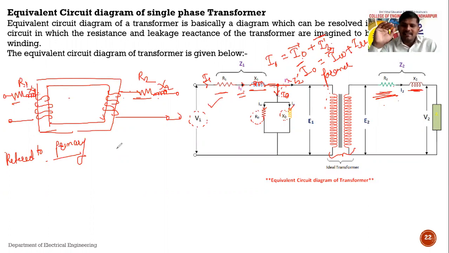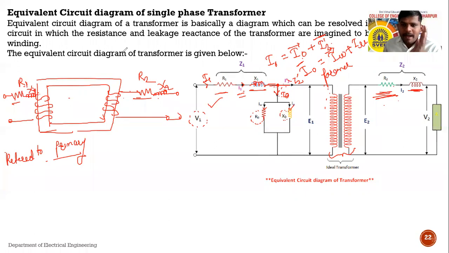For whichever side you say referred, we transfer the values of the other side, that means the secondary winding values, into the primary side. Suppose we are calling referred to secondary. Referred to secondary is nothing but the primary parameters of the transformer can be transferred into the secondary side.